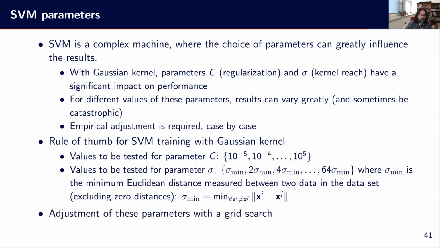But the point is that this needs to be adjusted jointly, because these are different parameters. For one given C, the best sigma is something, but for another C, the sigma to use is something else. So we cannot just adjust one first and the other after that. This is not working well. So we do what we call a grid search.